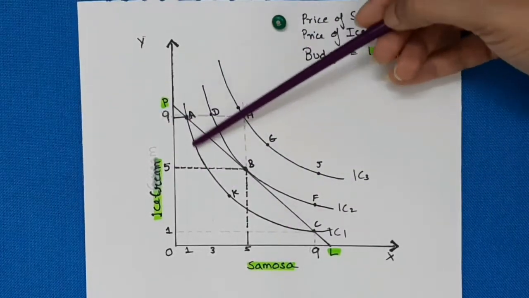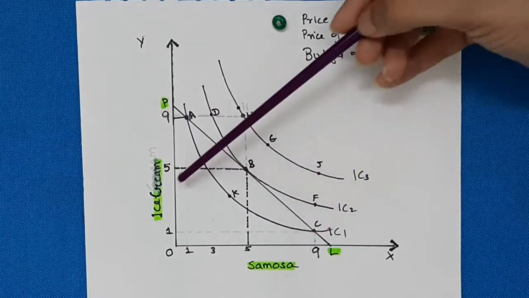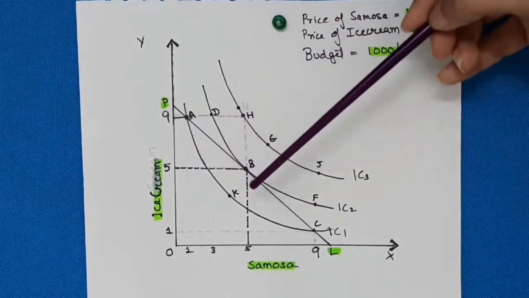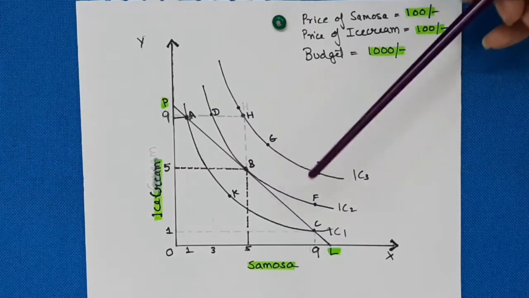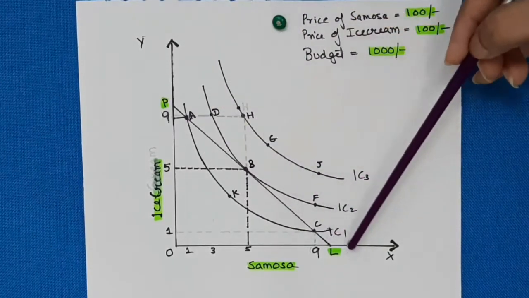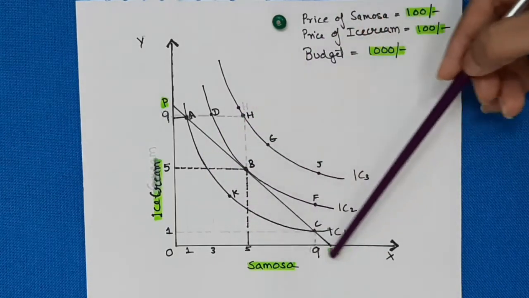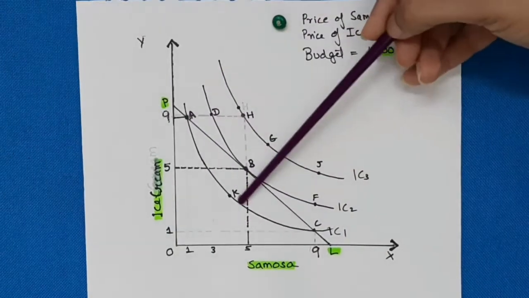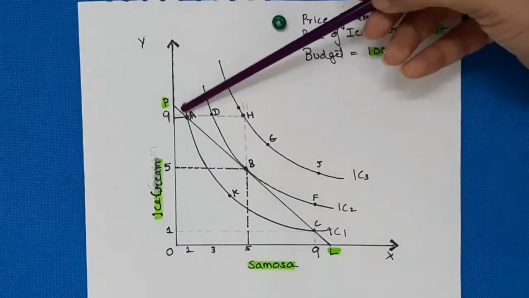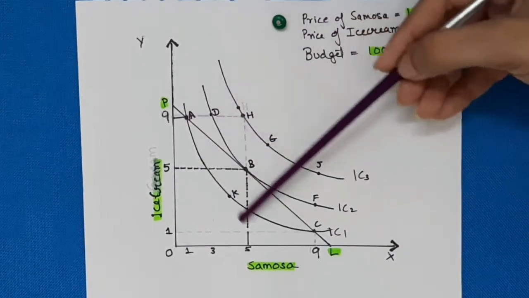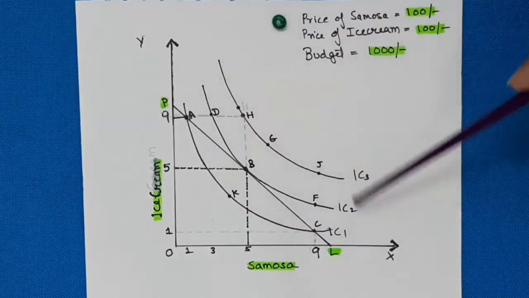So we have a convex curve where one ice cream will be substituted with lesser and lesser amounts of samosa if it is going up, and one samosa will be substituted with lesser and lesser amounts of ice cream if it is coming down, from A to K to C. This is why the curve is convex.